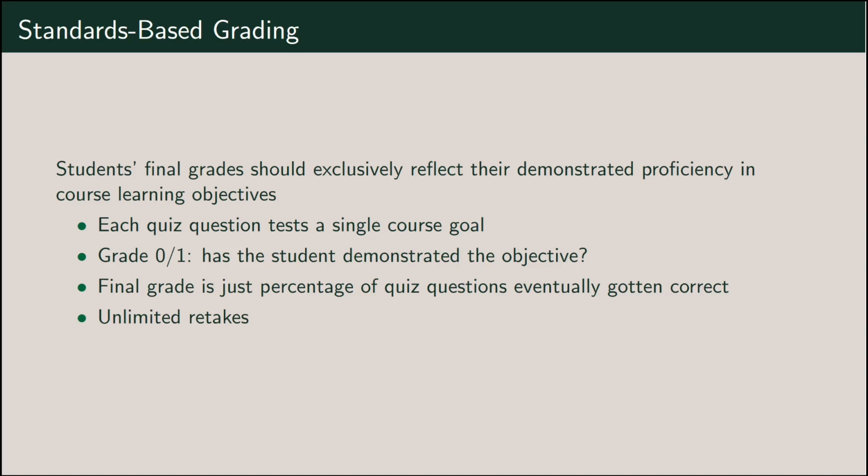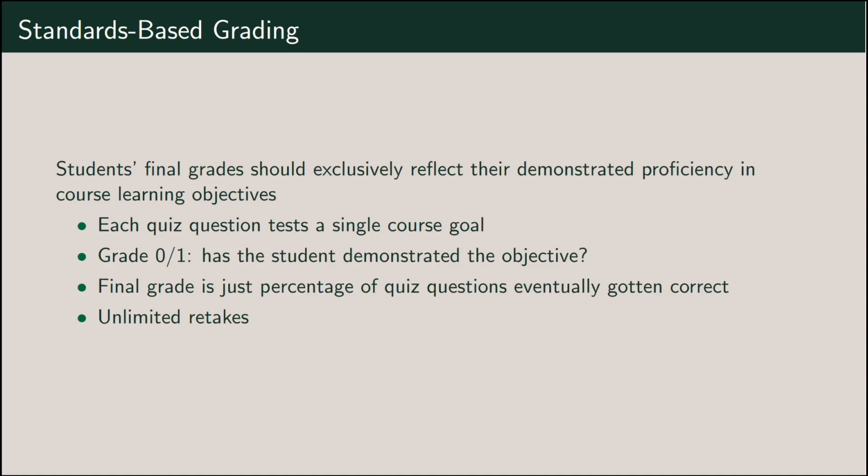And in order to make sure that my measurement of the percent of learning objectives a student can demonstrate proficiency in is always up to date, I give my students tons of opportunities to retake quiz questions they haven't gotten the points for yet. By presenting reassessing learning objectives as retaking quiz questions, something my students are more likely to be familiar with, my grading system becomes easier for them to understand and keep track of.